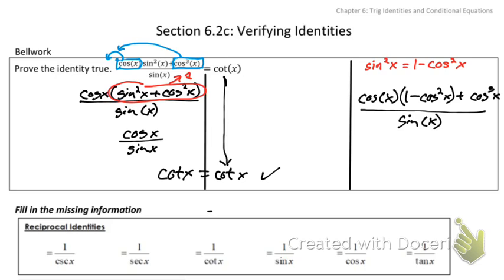All I did is replace that sine squared x with 1 minus cosine squared x, which when we distribute it, we'd have cosine x minus cosine cubed x plus cosine cubed x all over sine x. And all of this stuff would cancel out. You're just left with cosine over sine, which equals cotangent.